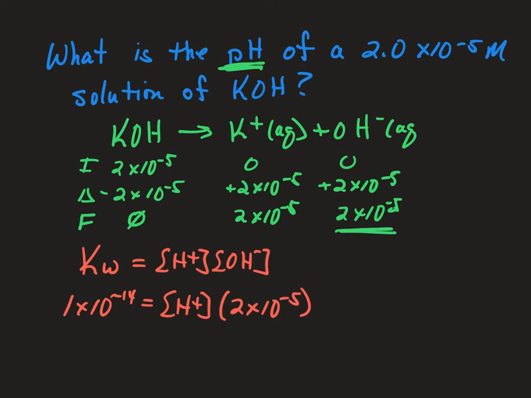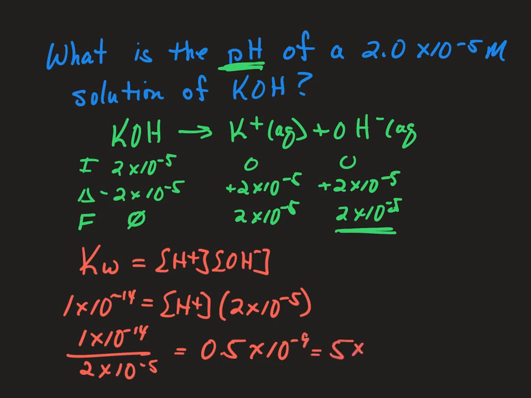So our concentration of hydrogen ions is 1 times 10 to the minus 14 divided by 2 times 10 to the minus 5, which is equal to 0.5 times 10 to the minus 9, or 5.0 times 10 to the minus 10, right? And that would be equal to our hydrogen ion concentration.